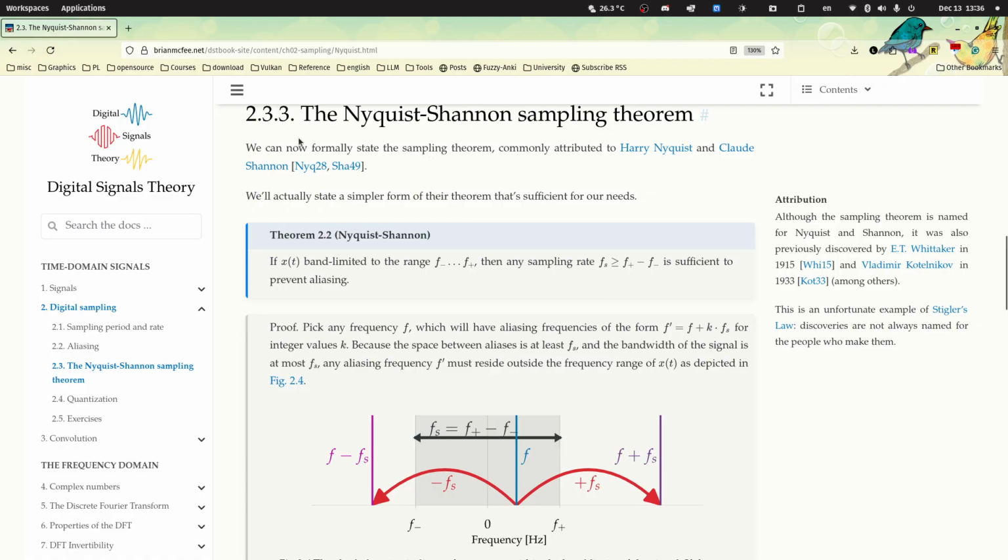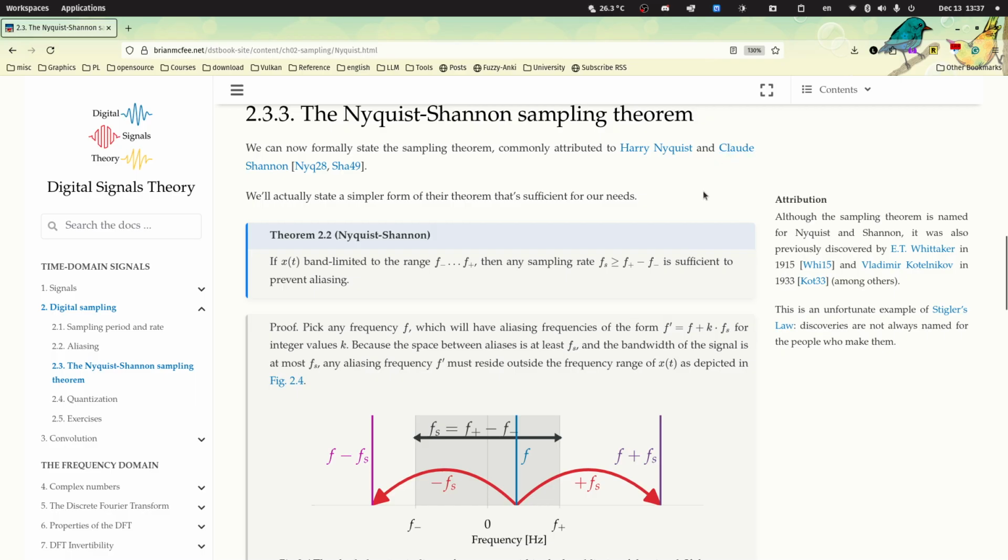So we can now formally state the sampling theorem, commonly attributed to Harry Nyquist and Claude Shannon, which is unfortunate because I think more people now know that LLM stuff than this person.